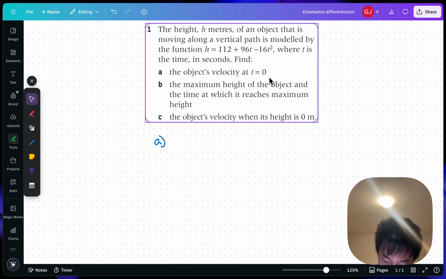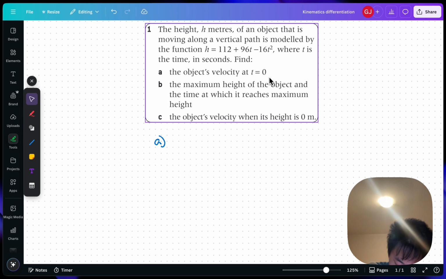So first we have to differentiate h with respect to time, so we get the equation for the function for velocity.